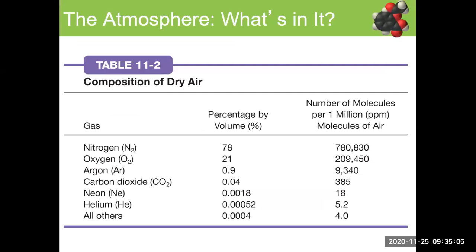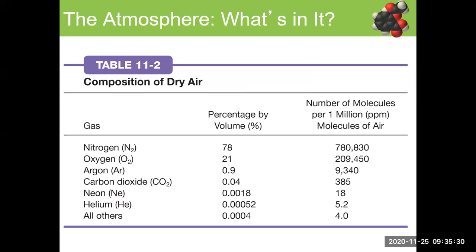Okay, the gas that most of us deal with and think about is air. So what is air? The air that we breathe, the atmosphere, is actually mostly nitrogen, N2. By volume, it's approximately 78% nitrogen. Oxygen is only 21% of that.